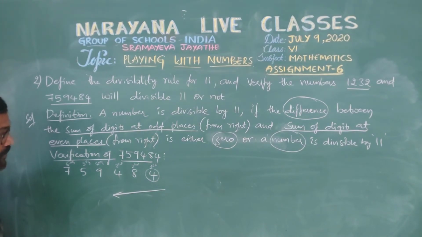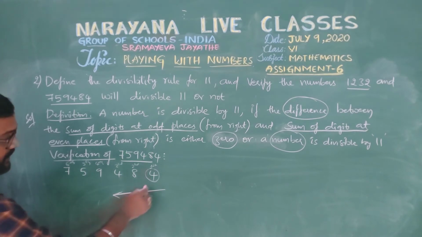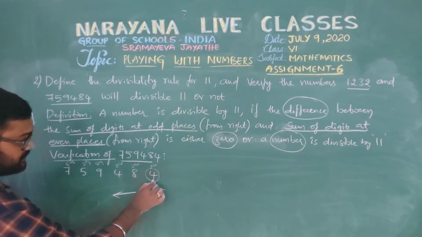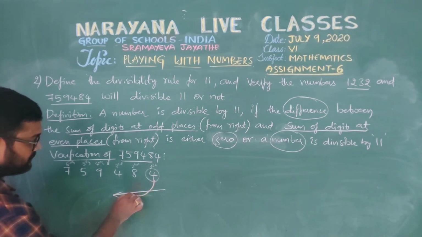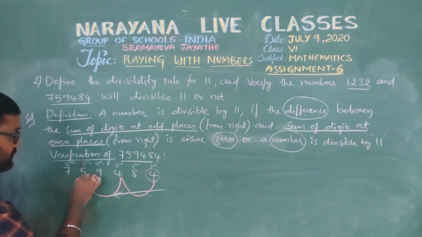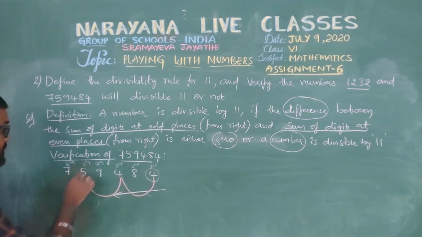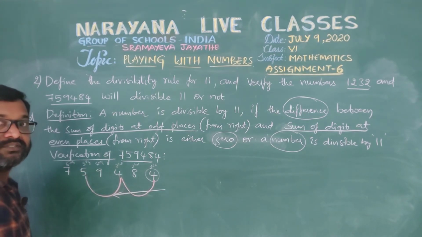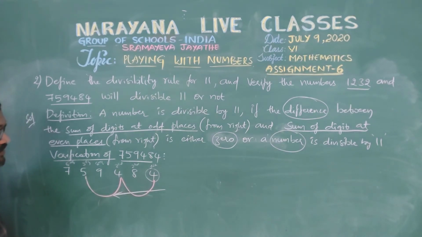Now here if you observe, what are odd places? So 4 is at odd place. Now this is also at odd place. This is third place, that is odd place. And this is also at odd place, that is fifth place.